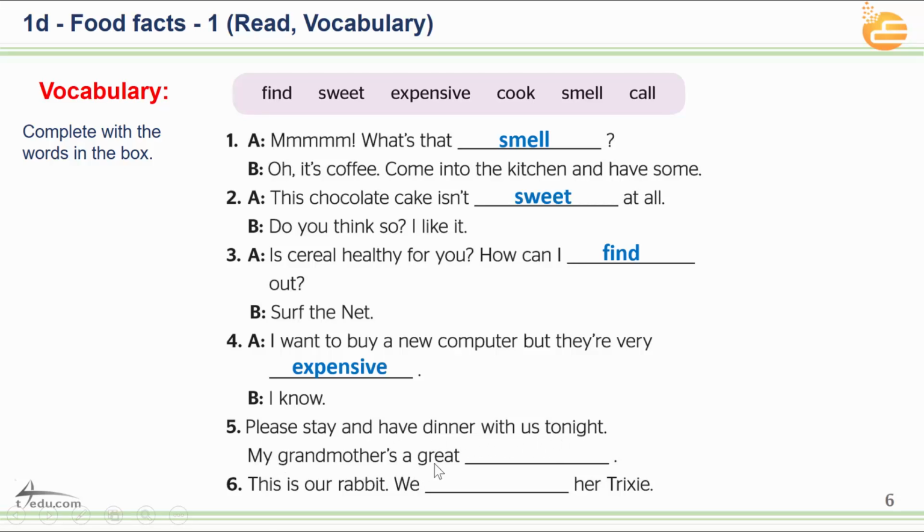My grandmother is a great cook. Excellent. Cook. That's right. Number 6. This is our rabbit. We her Trixie. This is our rabbit. We call her Trixie. Exactly. Very nice. Beautiful.